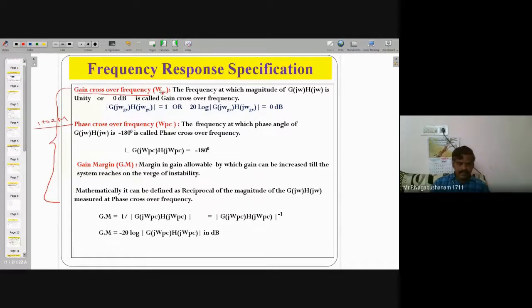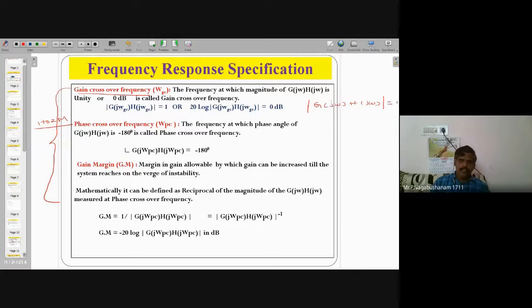In simple words, G of S, H of S is the open loop transfer function. Yes or no? That means take the magnitude of the open loop transfer function. Because it is a frequency, replace S equal to j omega. The magnitude of G of j omega, H of j omega is equal to 1.